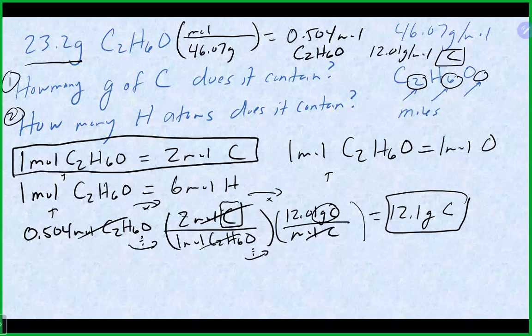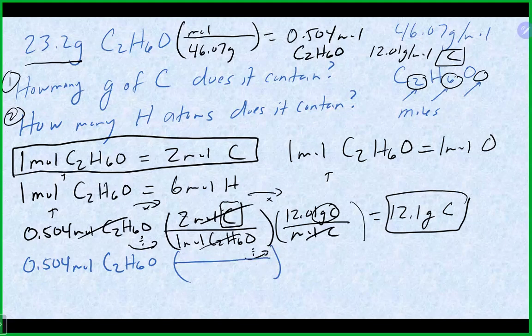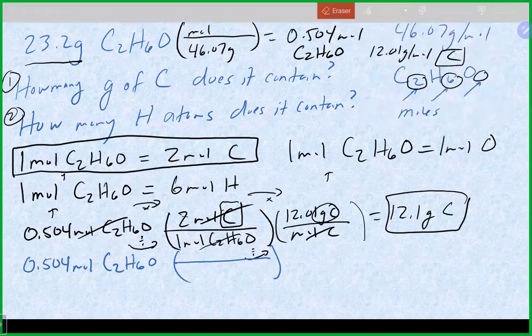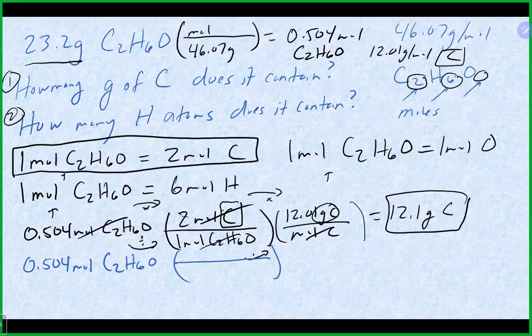So I'm going to still start with my moles of the entire thing that we calculated previously. But now I'm going to go to moles of hydrogen in this case, because that's what I'm interested in.